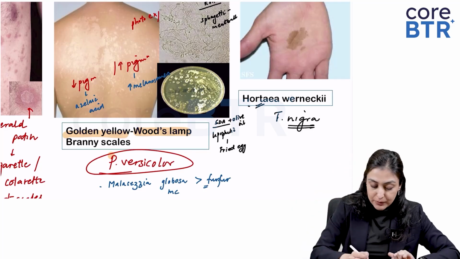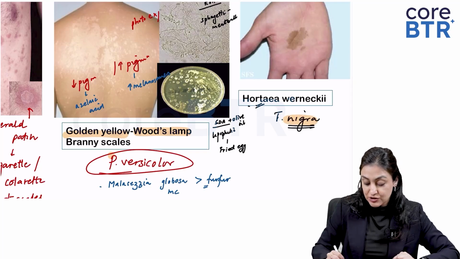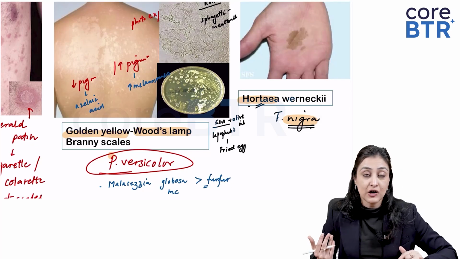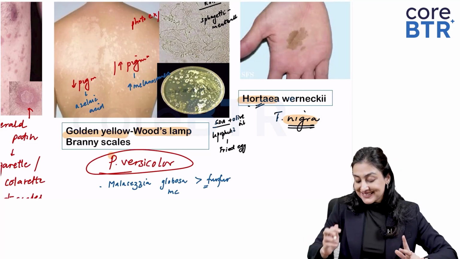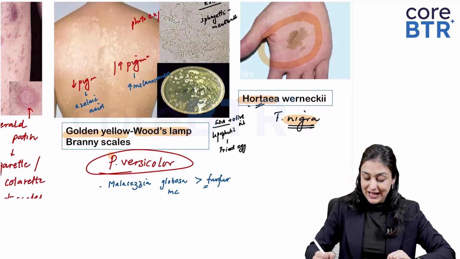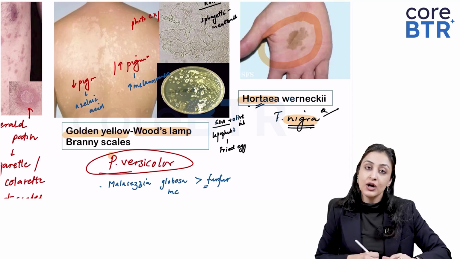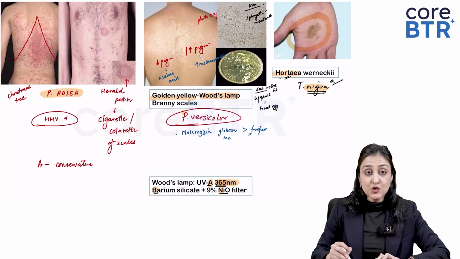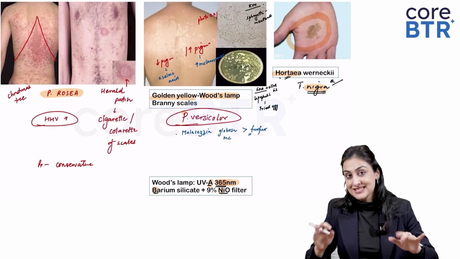So this is one more true black lesion, right? You remember black fungus? A lot of people started calling mucor black fungus after the pandemic. But this is what is the true black fungus. So that's why they asked who is the true black fungus? So that is Hortaea werneckii. Horte means black. So this is all about the papulosquamous disorders.